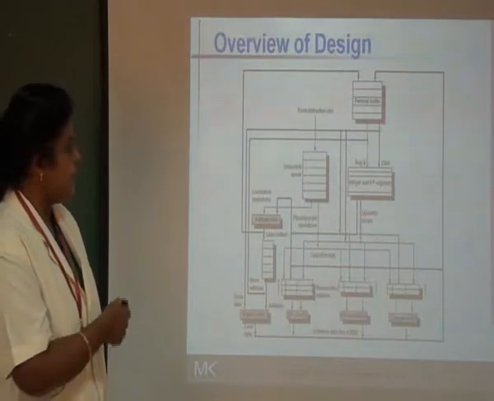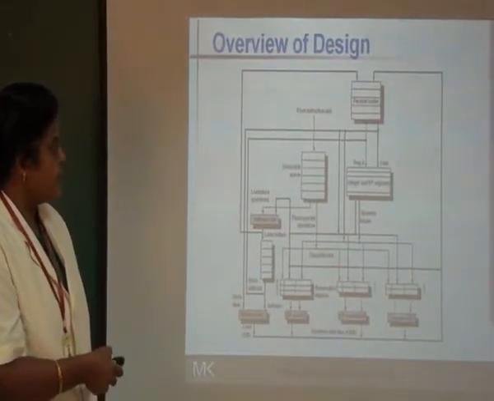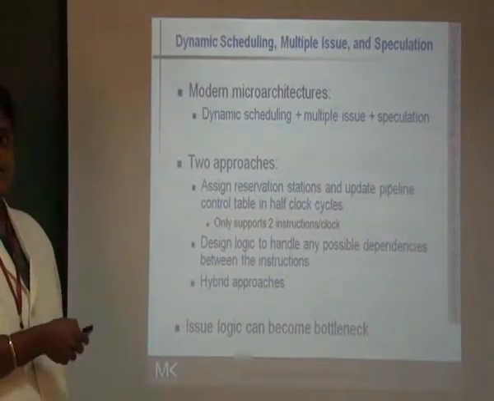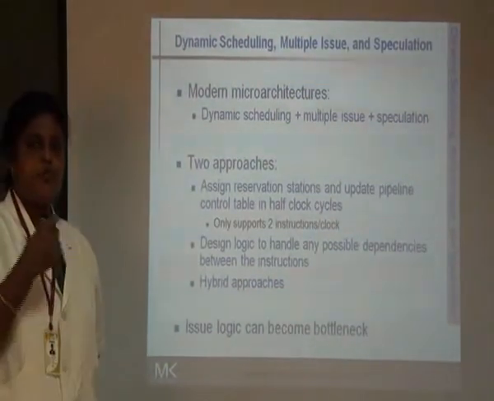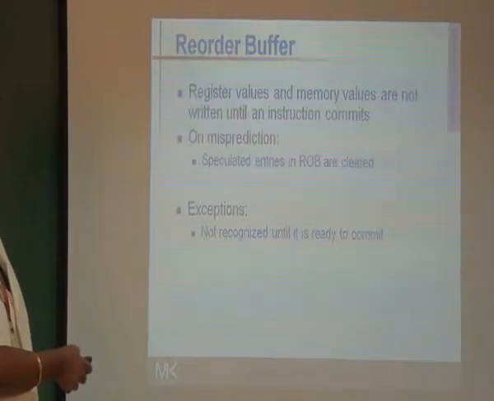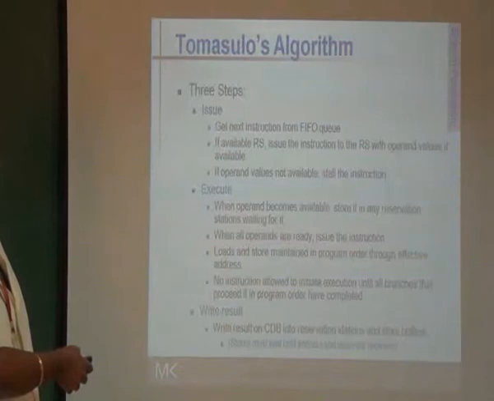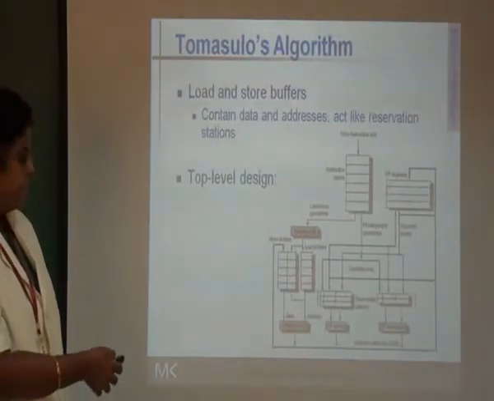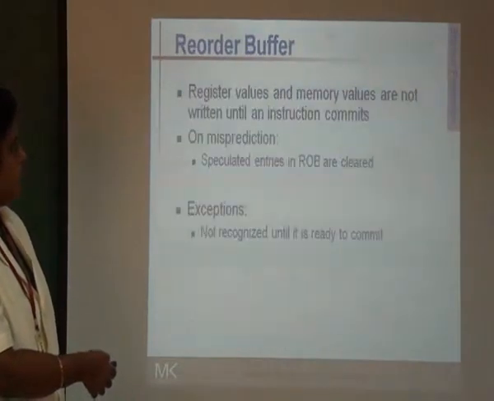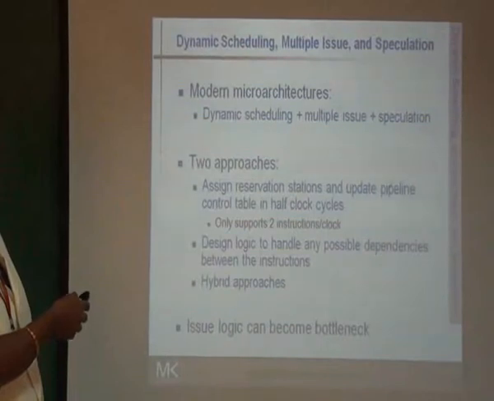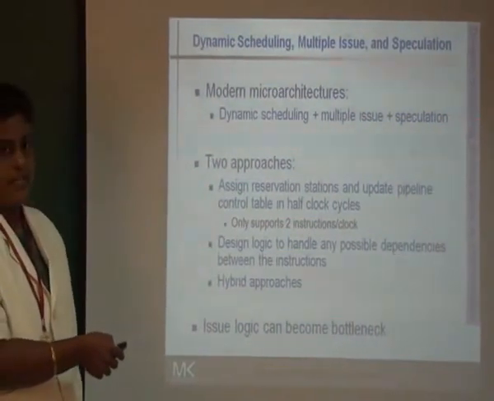This is a block diagram which takes care of dynamic scheduling, multiple issue as well as the speculation process. The Tomasulo's approach that we have seen in the earlier slides has been modified here by considering all the things we have learned so far: dynamic scheduling, multiple issue as well as speculation.